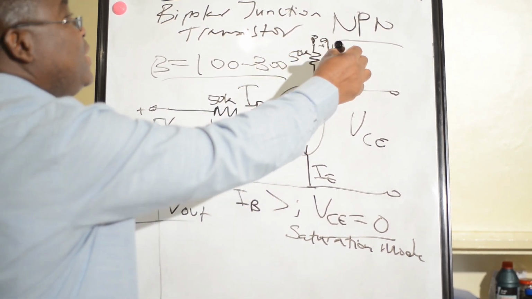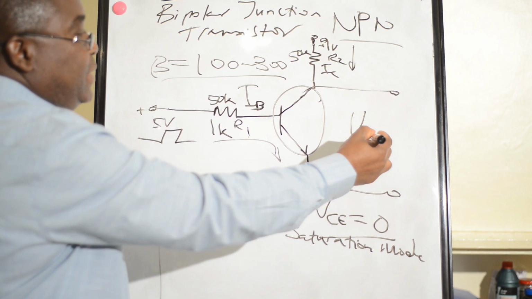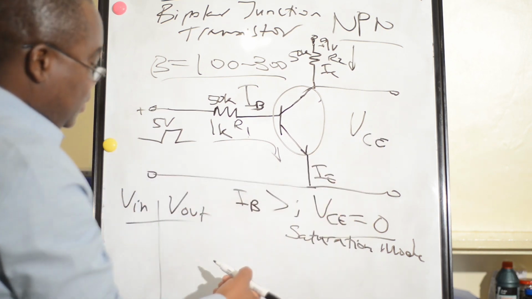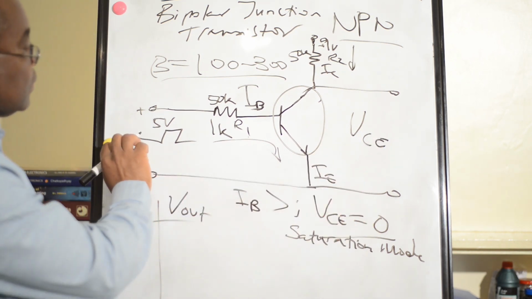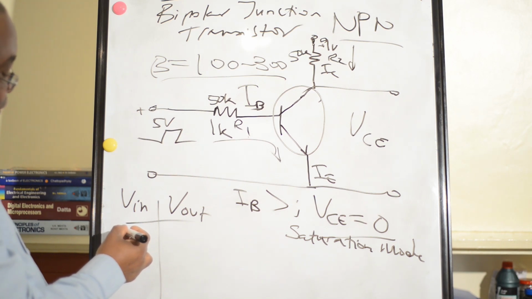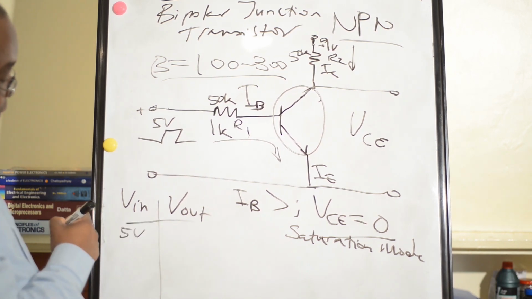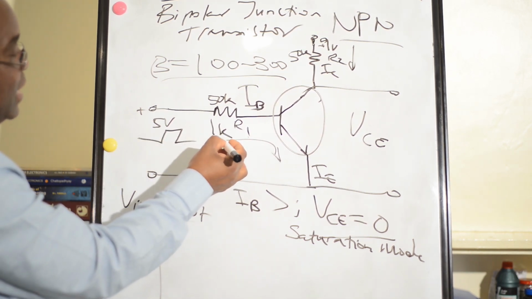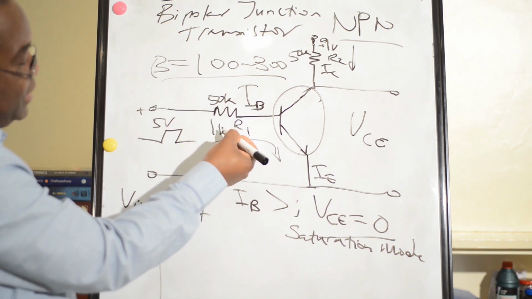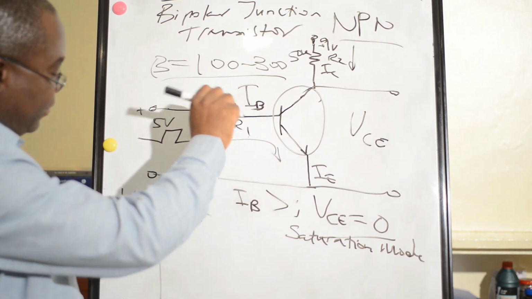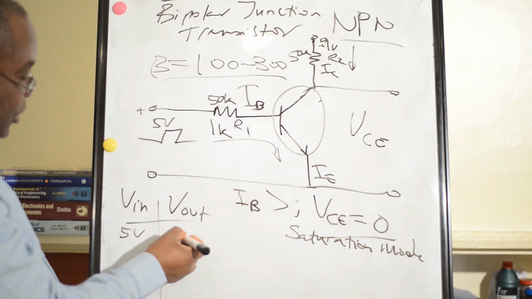Also high current will flow this way. Then the VCE will be 0. So with our 5 volts here, we apply a very small resistor, high current will flow, so we have V out 0.